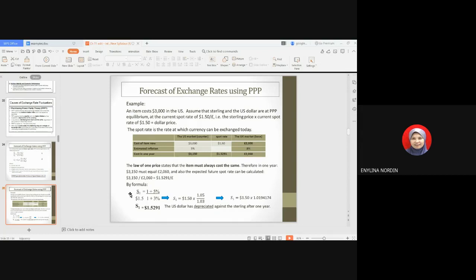If we apply the PPP formula, you take the figure.